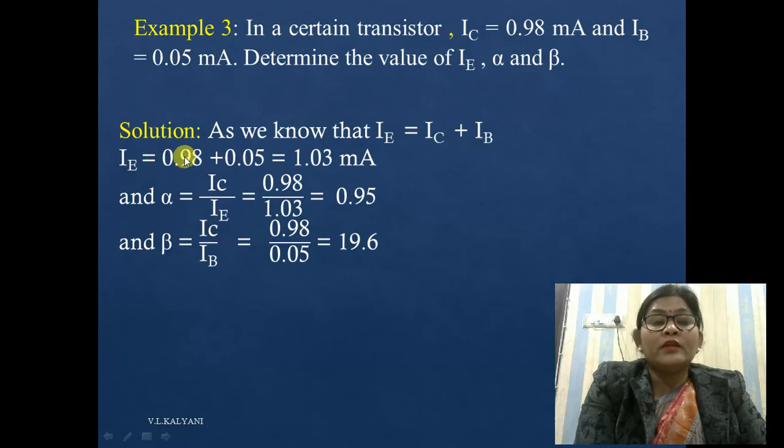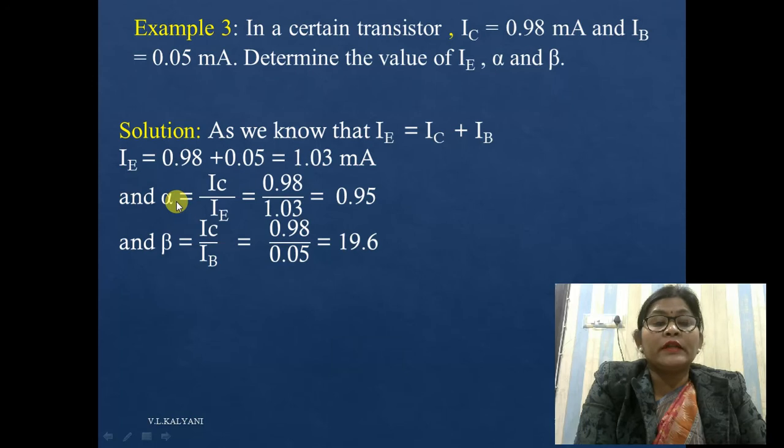IC is already given, 0.98 milliampere. IB is also given, 0.05 milliampere. So put these values, and after calculating, the emitter current will become 1.03 milliampere. So we can calculate the emitter current using this formula.